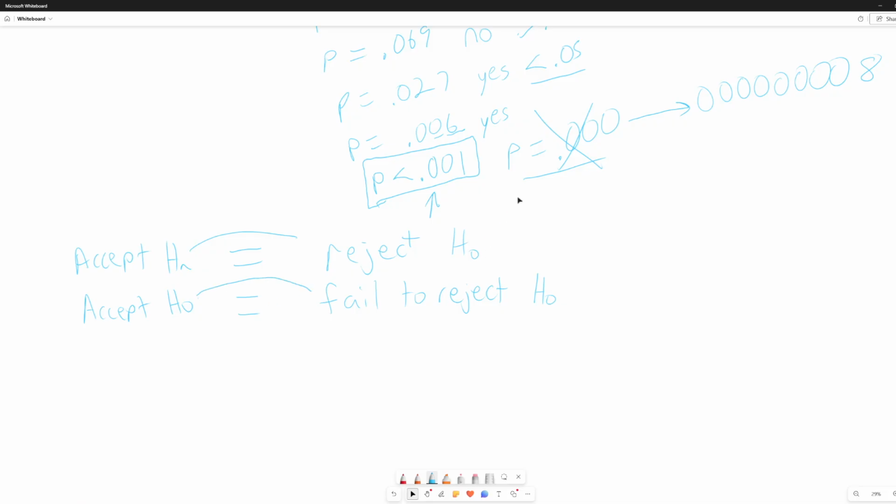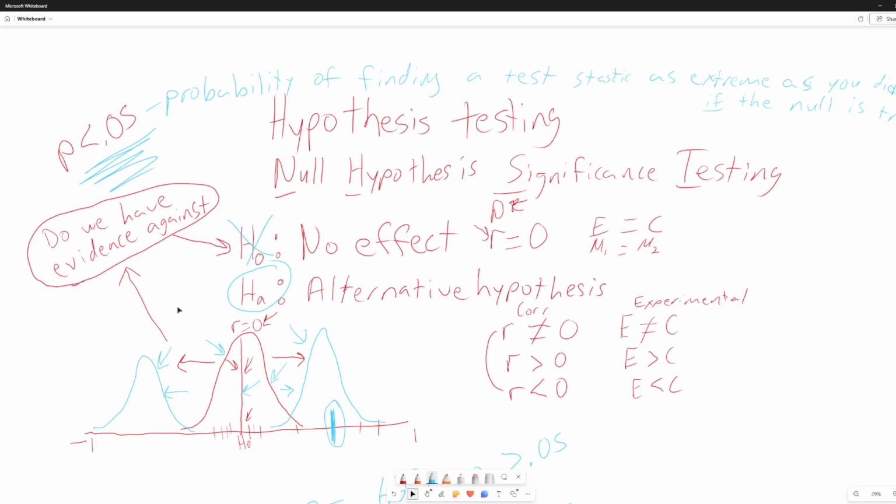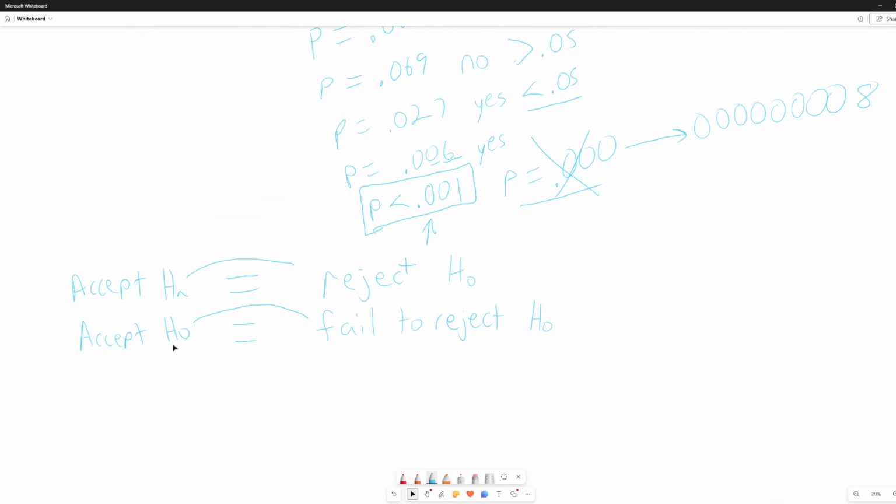I want to come back to what we're doing here, is that our study and our statistics that we use is asking, do we have evidence against the null hypothesis? Now, what this is not asking is, do we have evidence in favor of this? It's not saying that. It's asking, do we have evidence against it? That is not at all testing, do we have evidence in favor of it?